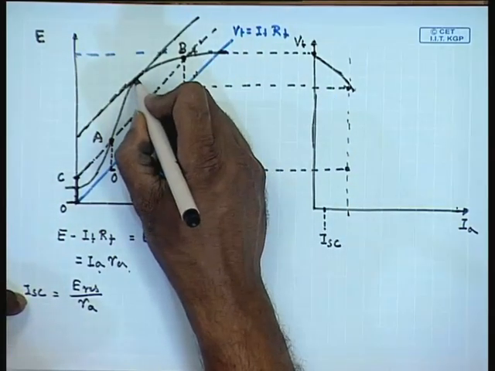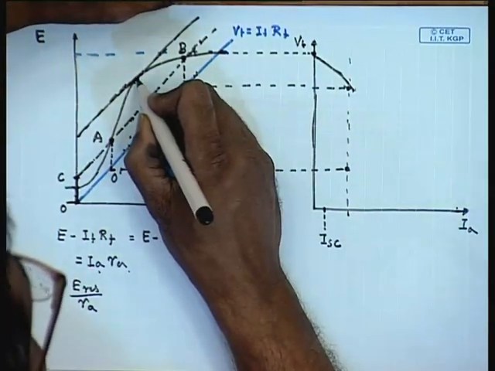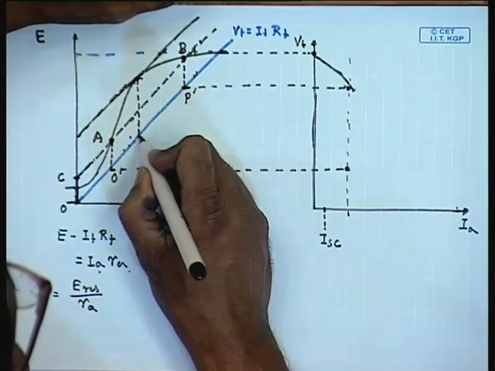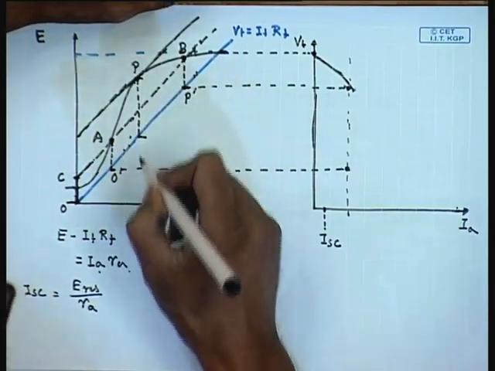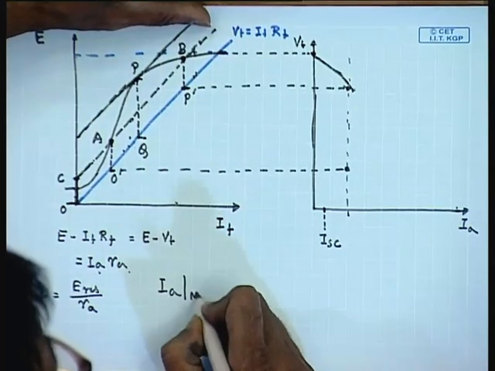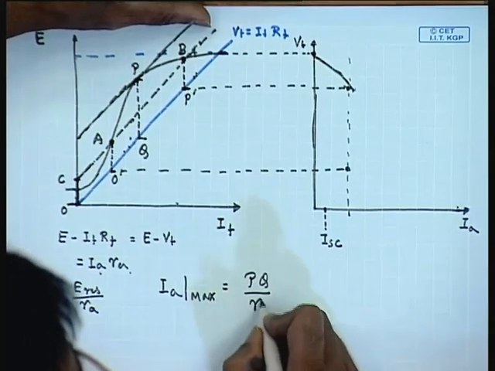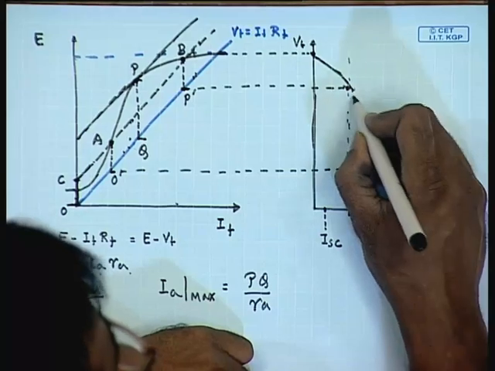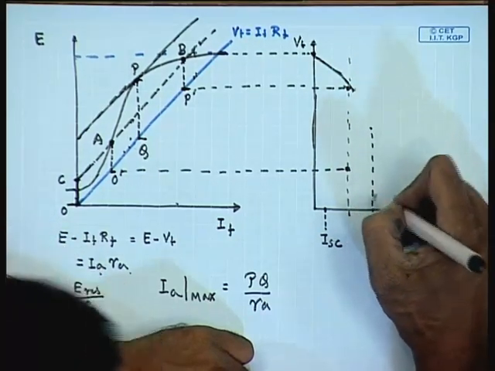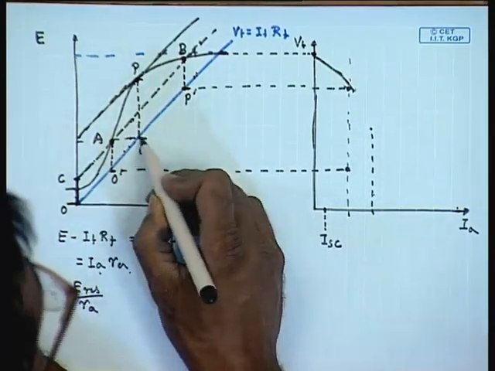So, the vertical distance of the point where this characteristic touches to the field load line is the maximum IA, this is P, this is Q. So, IA max equal to PQ by RA. And the corresponding terminal voltage is this point.